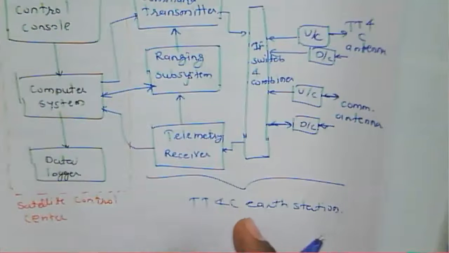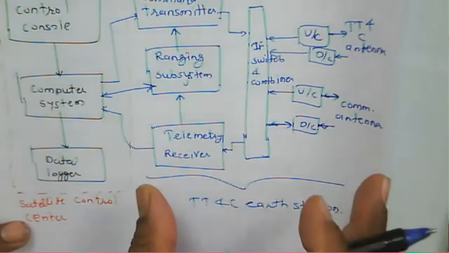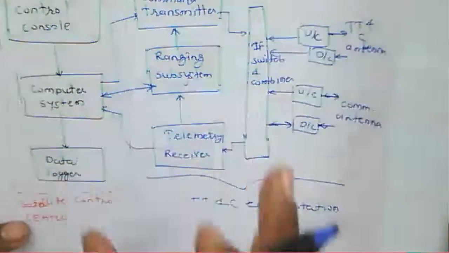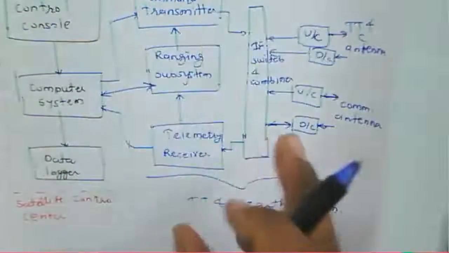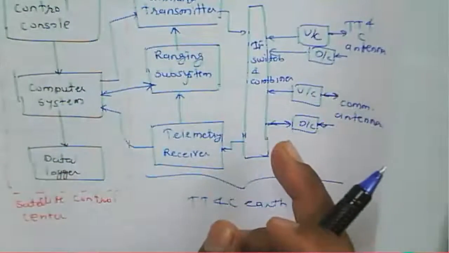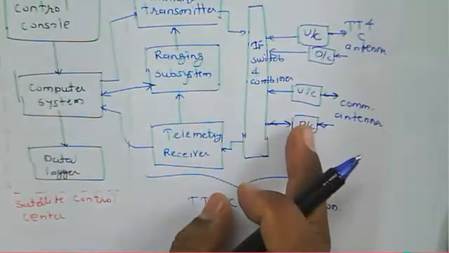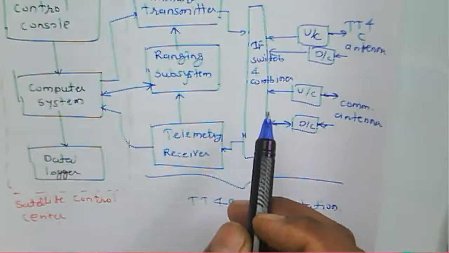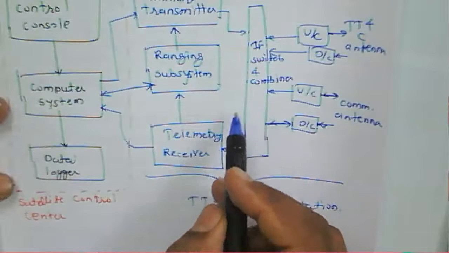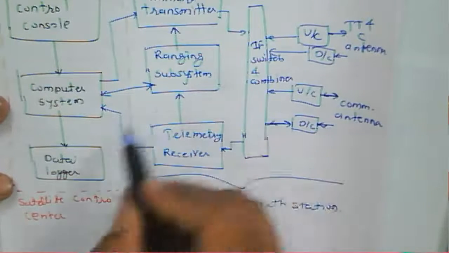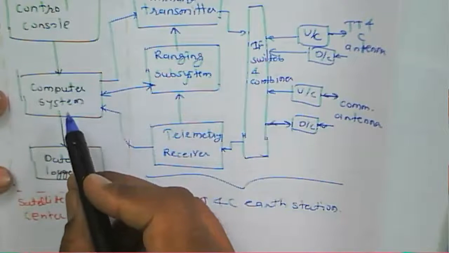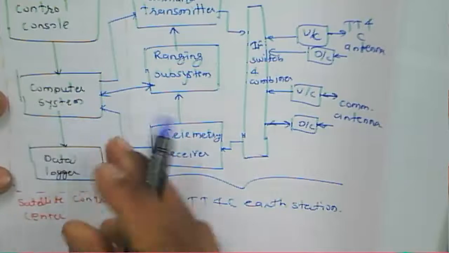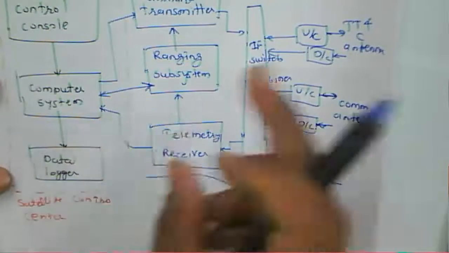So that is a complete mission control facility. If some of the components do not work, then we can use the standby mode component. Or the computer generates a particular signal and decides what action is to be taken.